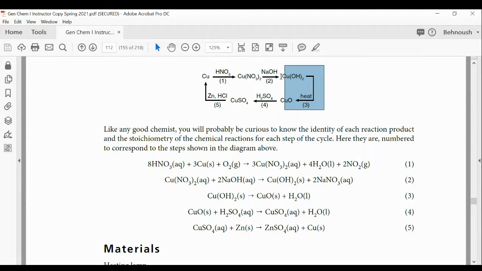How do you know that copper hydroxide has changed to copper oxide? Both of them are solid. So in order to identify if it has changed, you must see another evidence for the reaction. It's going to be through observation.